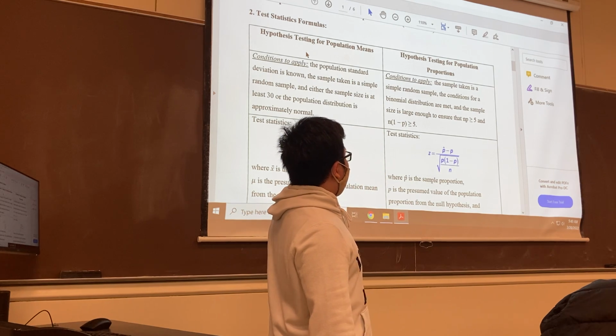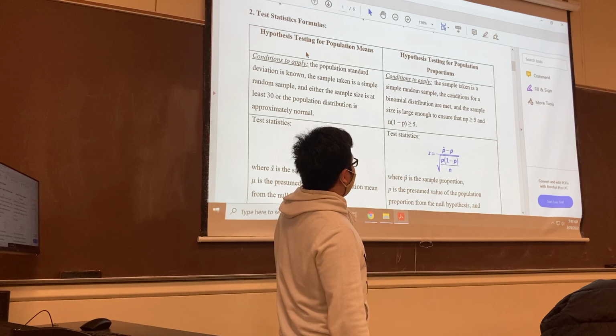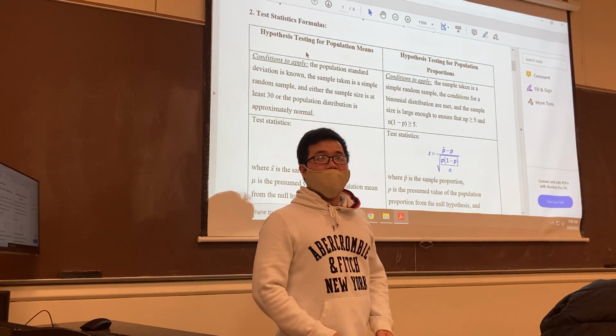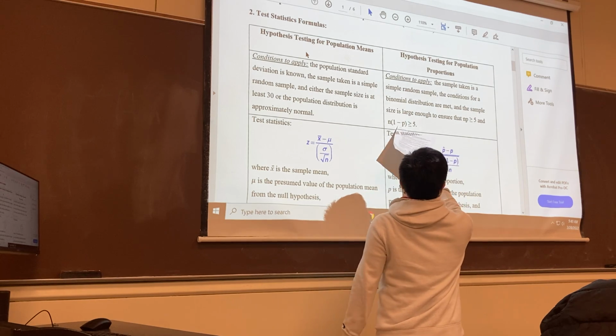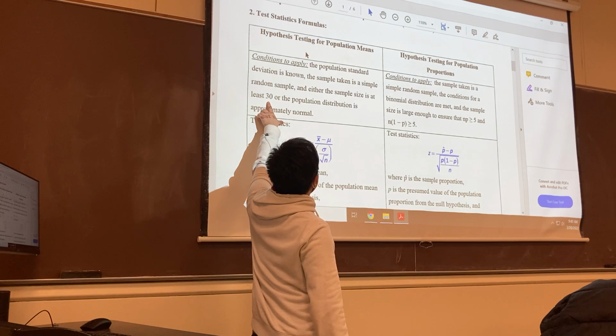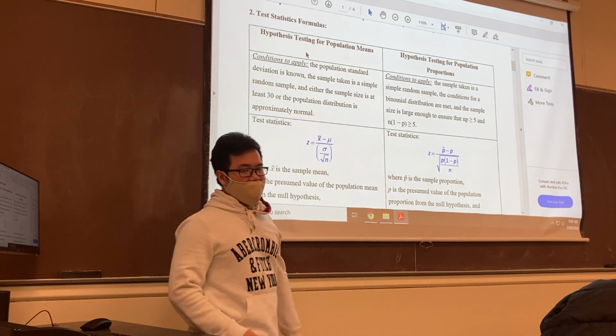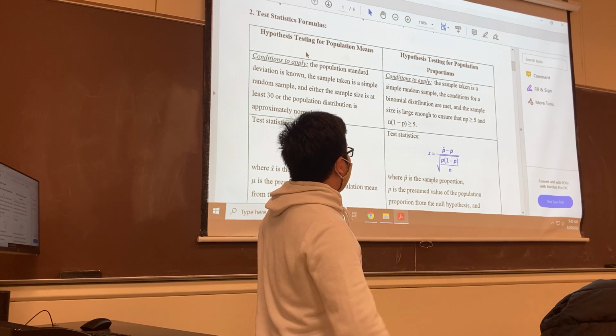Okay, the difference between the population mean and population proportion here is the sample size will satisfy this equation. Okay, but the sample size here it just needs to be at least 30. Okay, that's the difference between the population mean and population proportion.